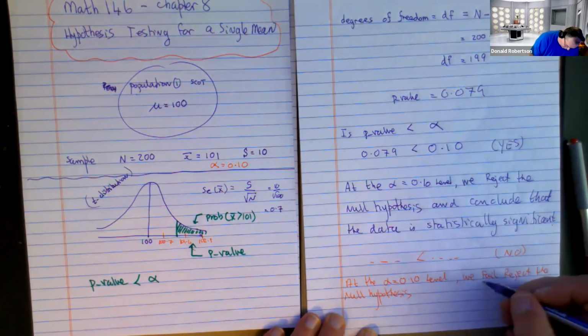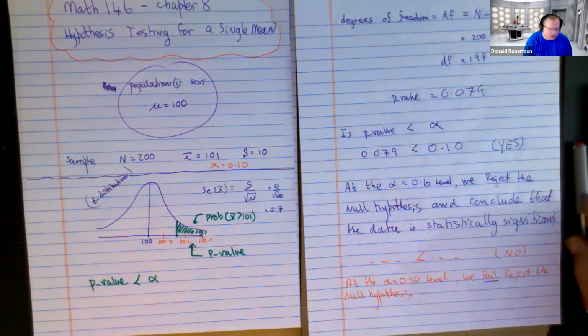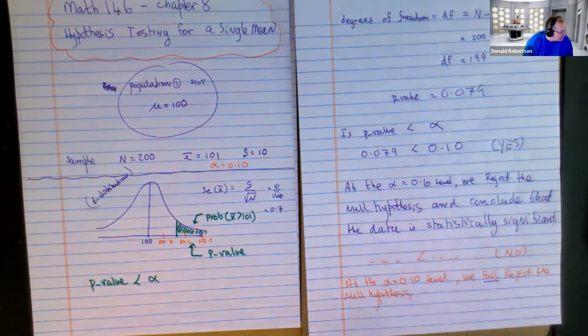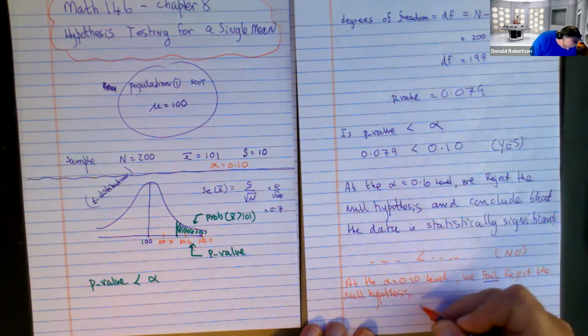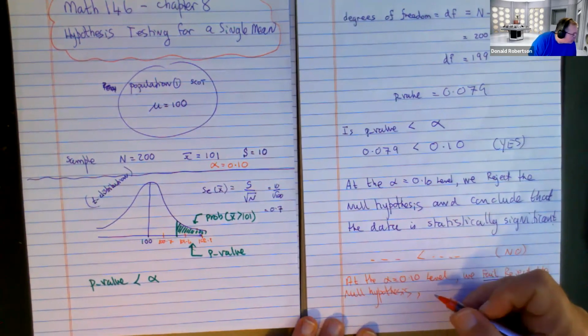Do you see that extra word? Fail to reject. And then the rest of that sentence will have something like a comma. And what do we conclude?